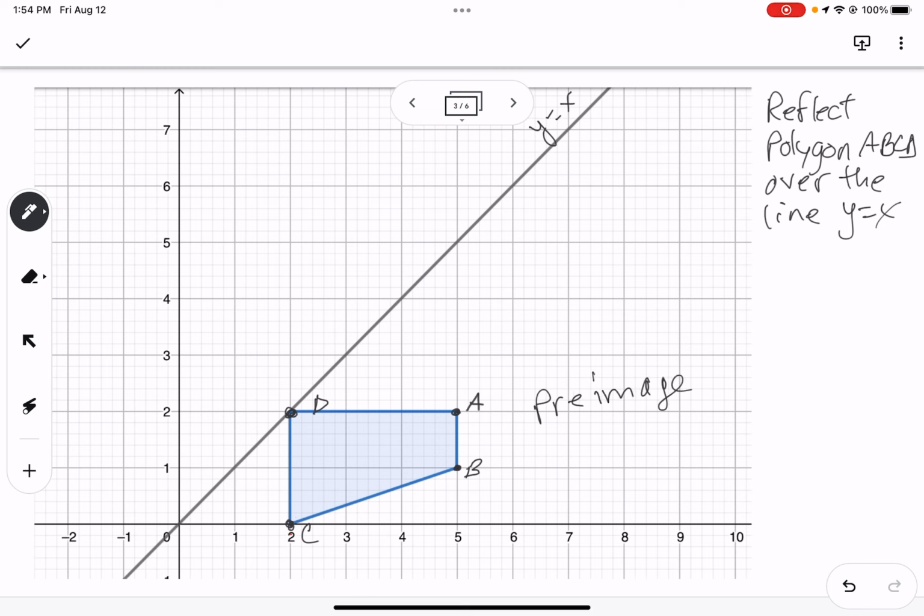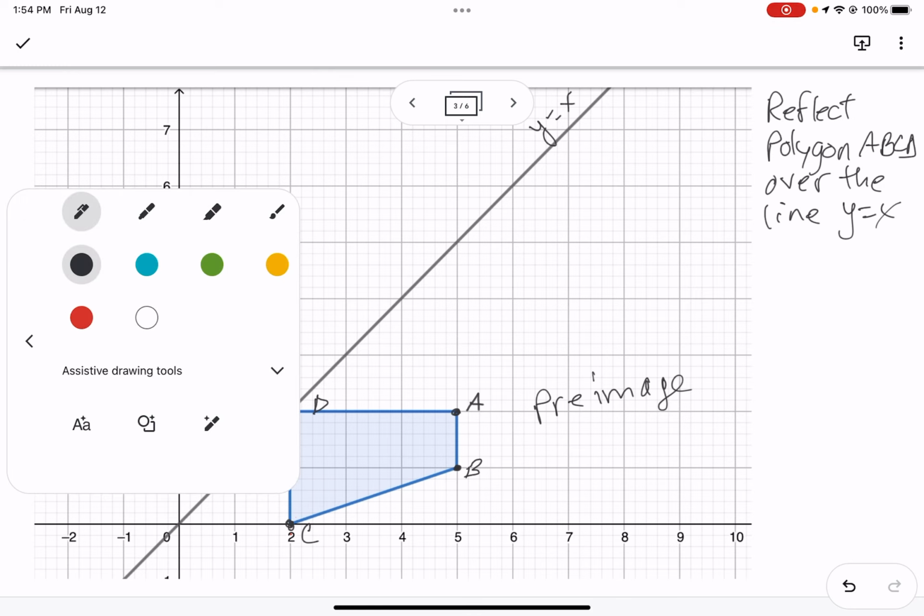What's going to happen here is we're going to be creating 90-degree angles or perpendicular angles with the pre-image, the line y equals x, and the image. So what do I mean by this? Well, let's take C for example. To get to the line y equals x, I'm going to go over 1, 2. But my reflective point will also be 2 away from y equals x. Remember, they have to be equidistant.